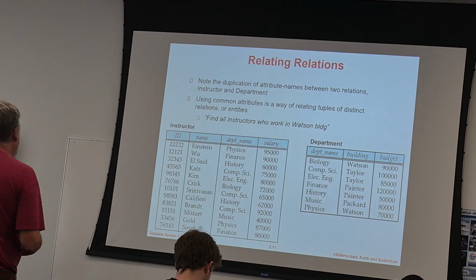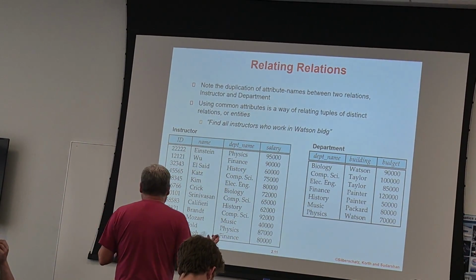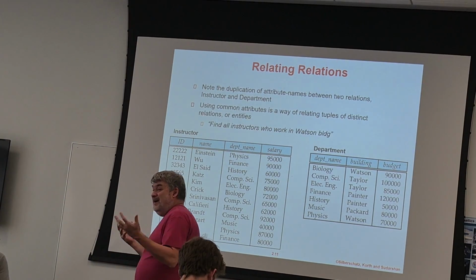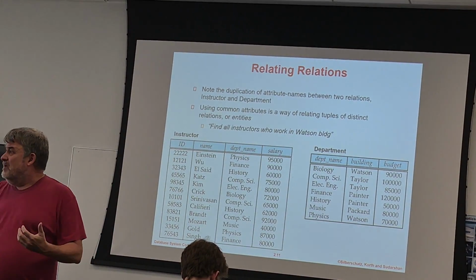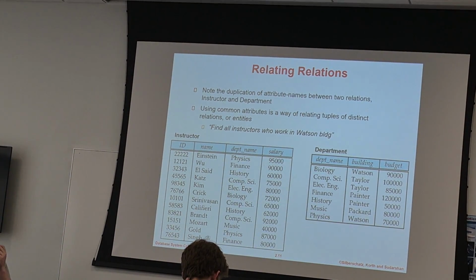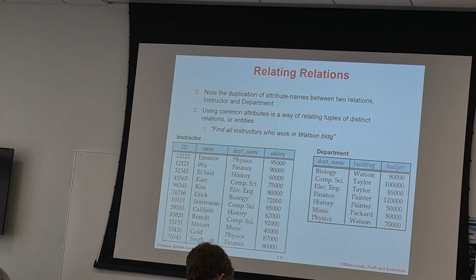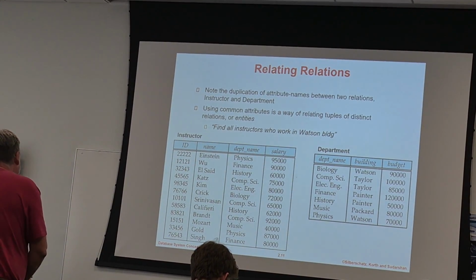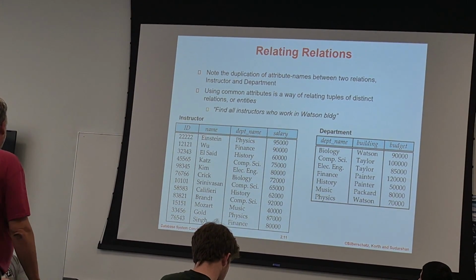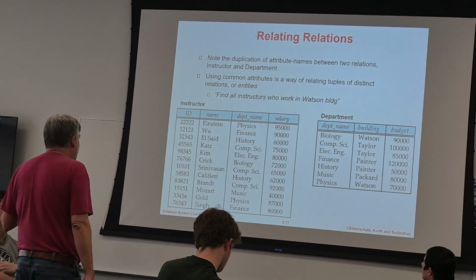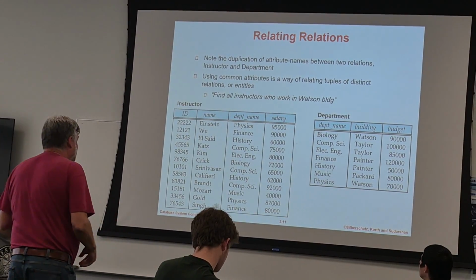So, relating relations. This is exactly what I had you do in your first or second homework, where I had you create 3 tables and then glue them together. This is an example of a possible snapshot of the data inside your university table design. I have an instructor table with all of the faculty currently employed by the university, and a list of all the current departments where courses are being taught.